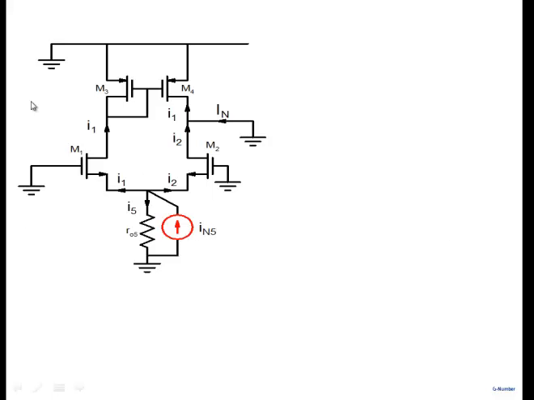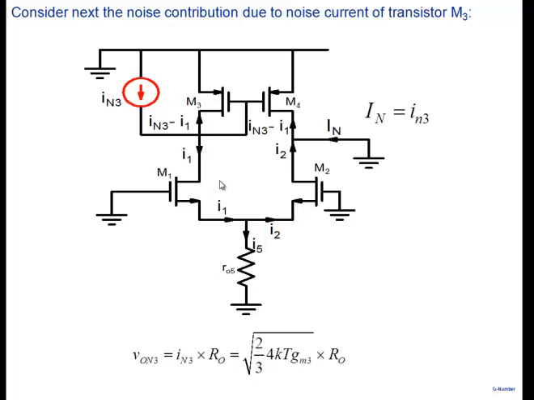No, don't go through the calculation. Why am I saying that IN5 may not contribute much to noise? There's a reason why I'm saying it. Without doing any of the calculation, I'm saying IN5 will not contribute much to my noise. It's a common mode. Note here, it's like a differential. It's there on this side, not there on the other side.